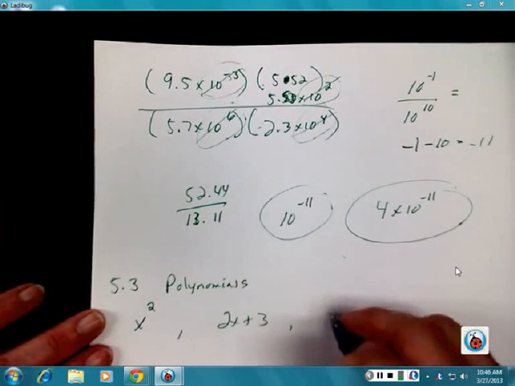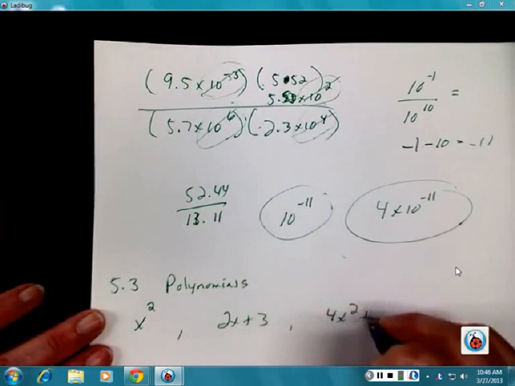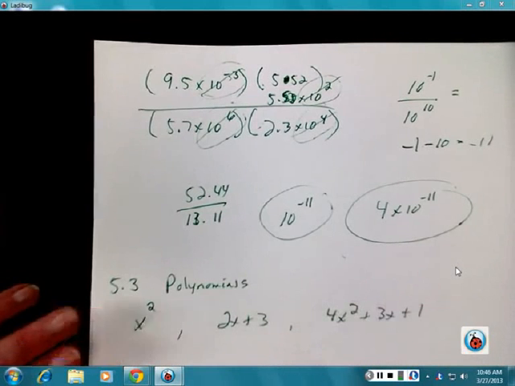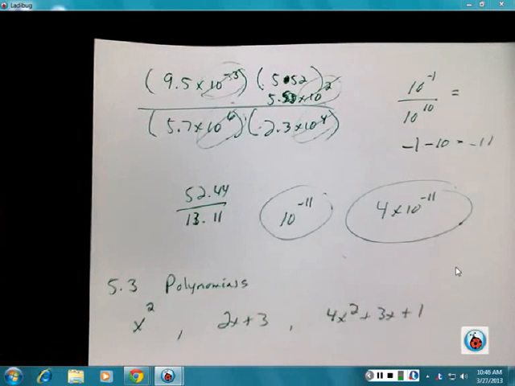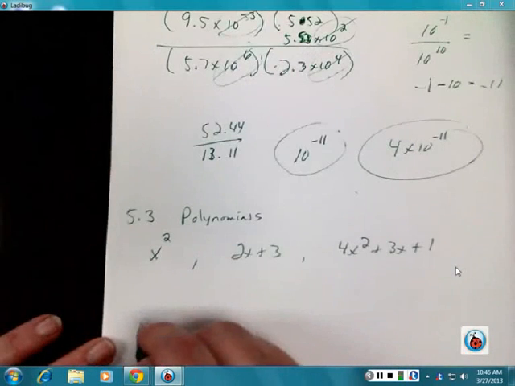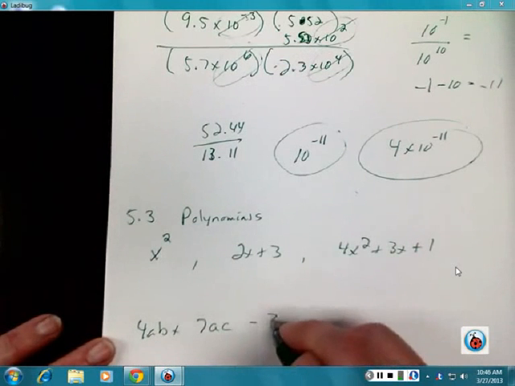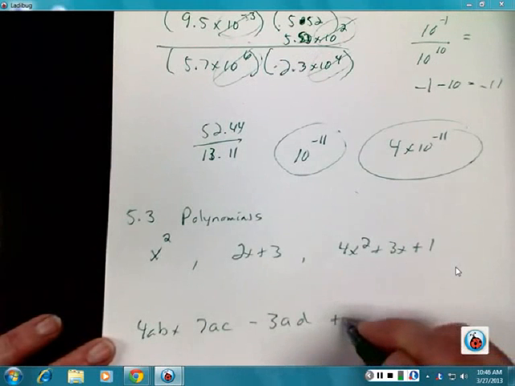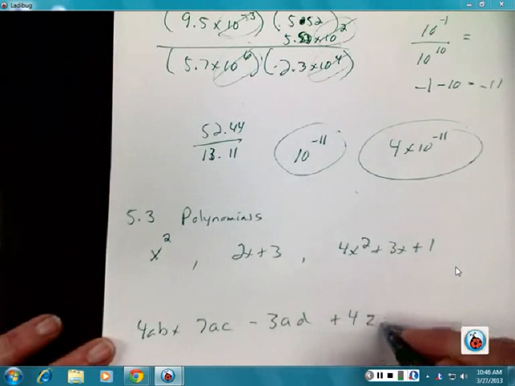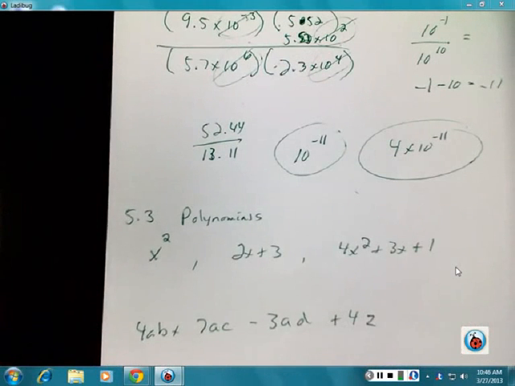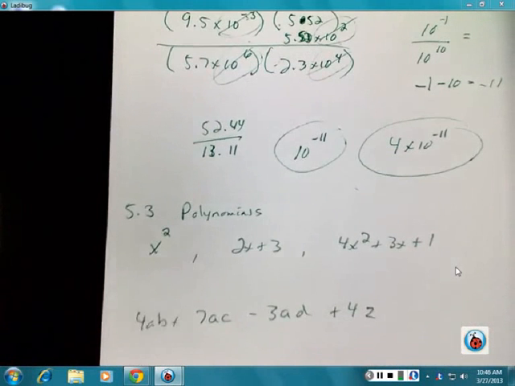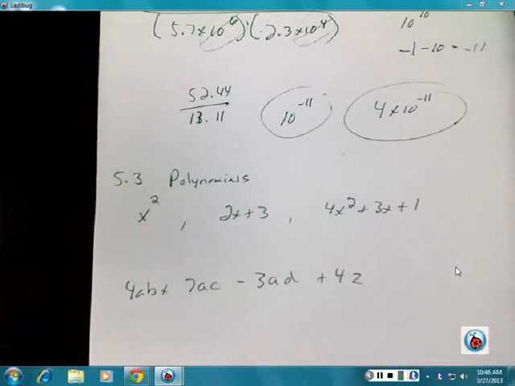It could be 4x squared plus 3x plus 1. These are all considered to be polynomials. Or we could have 4ab plus 7ac minus 3ad plus 4z. Those are all considered to be polynomials because they have different pieces that are connected to them.